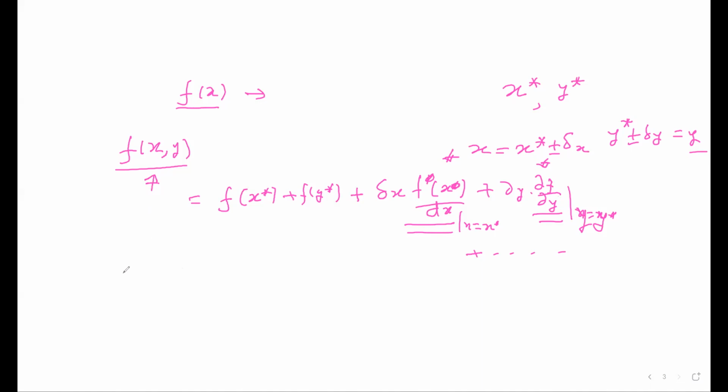We usually use a vector with a bold capital X. That X is actually an array, it can be x1, x2 up to xn, n dimensional. In this case, we can easily write this value as f capital asterisk. It will be a vector.